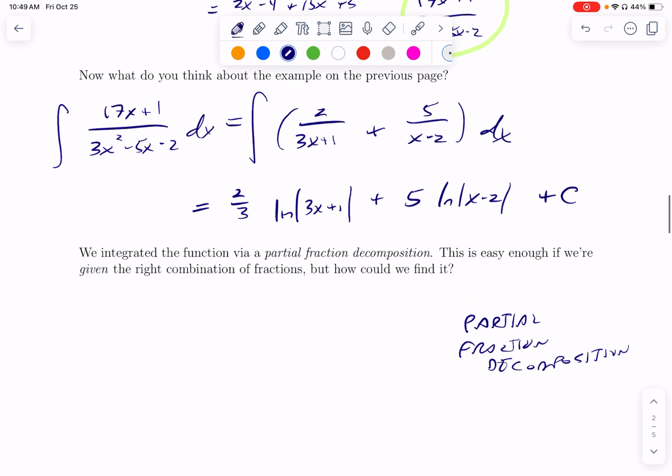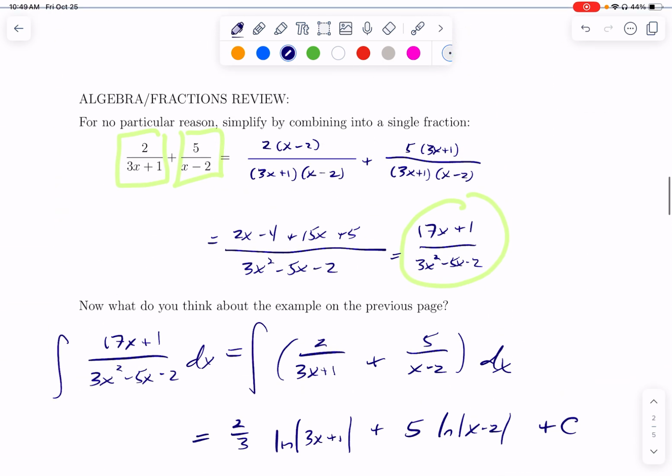And the thing that really makes this possible is this denominator we started with factors. In a very abstract technical sense, all quadratics factor, but often to factor a quadratic, you need to introduce irrational or possibly even non-real numbers. We're going to be restricting to cases where it is a nice integer-based factorization.